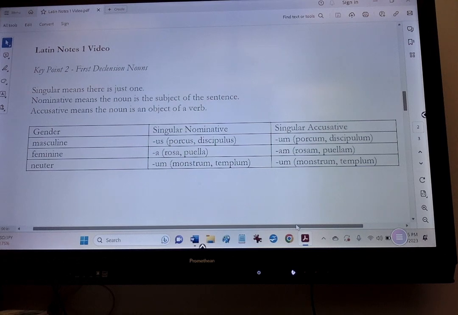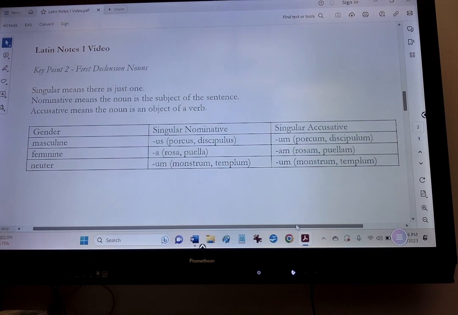It also needs to be noted that all of the nouns that you're working with right now are singular and nominative, which means that there's just one of whatever that noun is. There's just one pig, for example. And nominative means it's the subject of the sentence. We will also be getting into accusative first declension. These will still be singular, but they'll be used as the object of a verb.